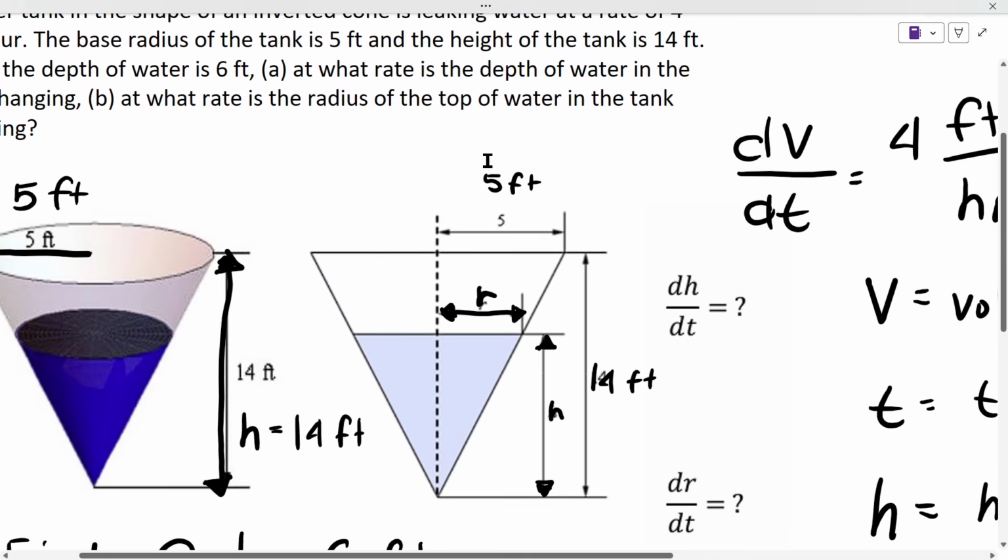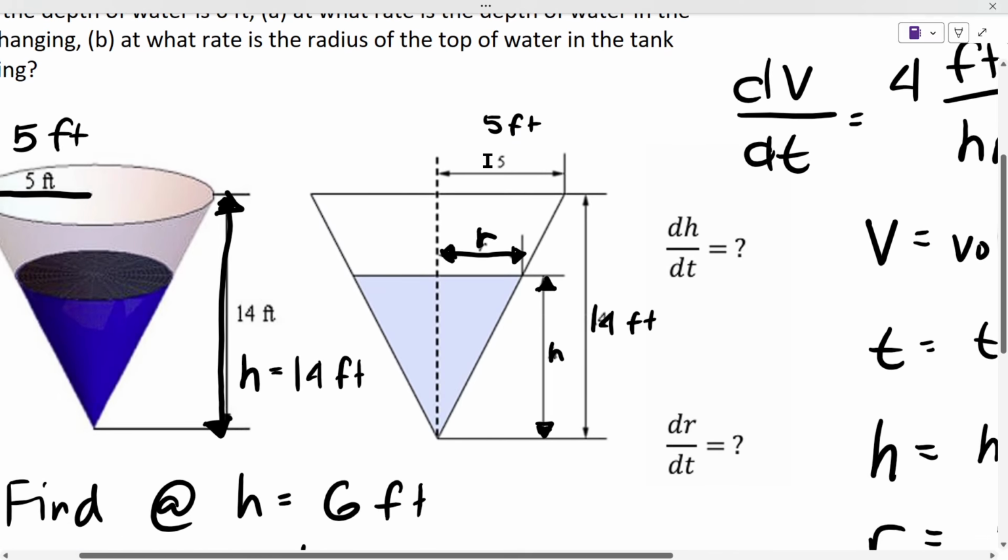So since there's a similar triangle, we can use ratio and proportion, okay, to show the relationship between the cylindrical tank and this water level.